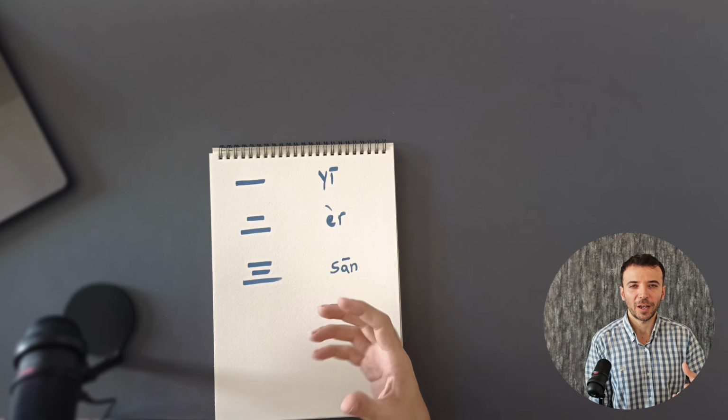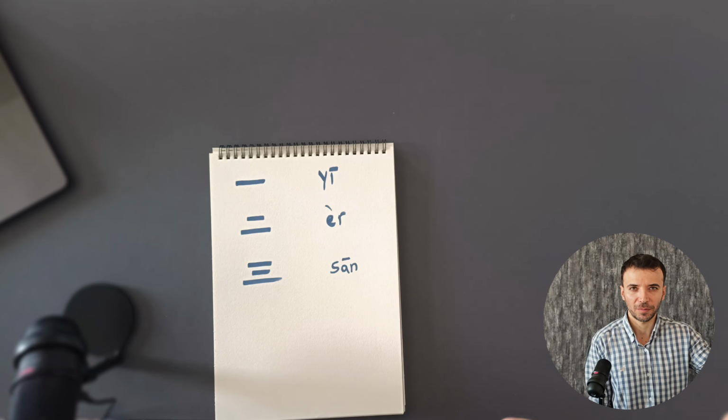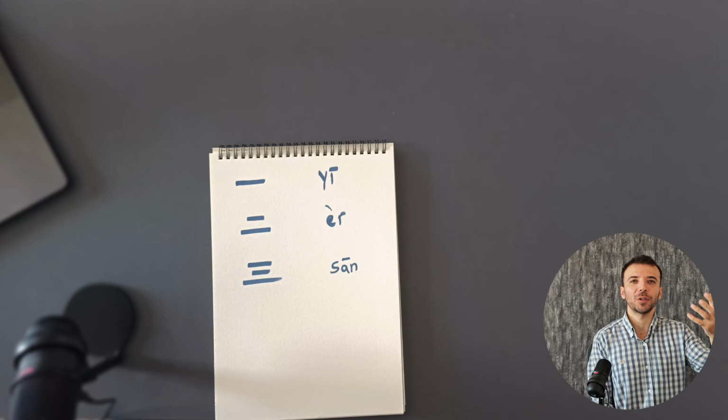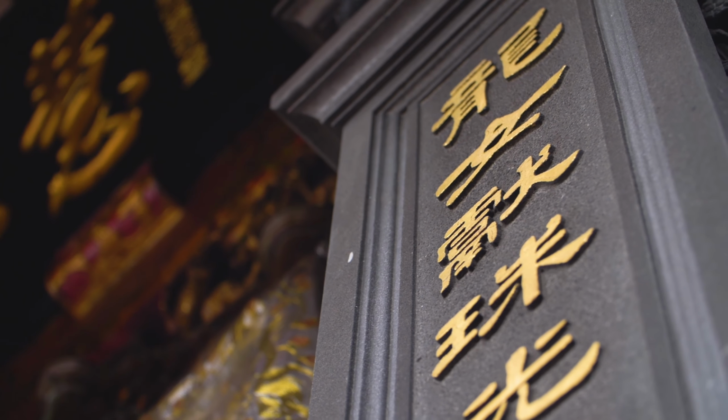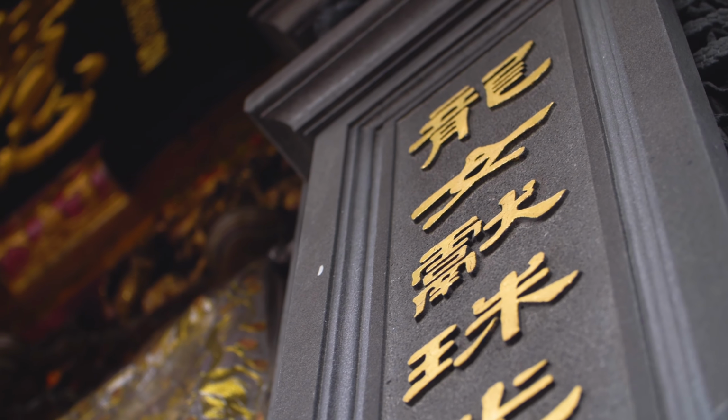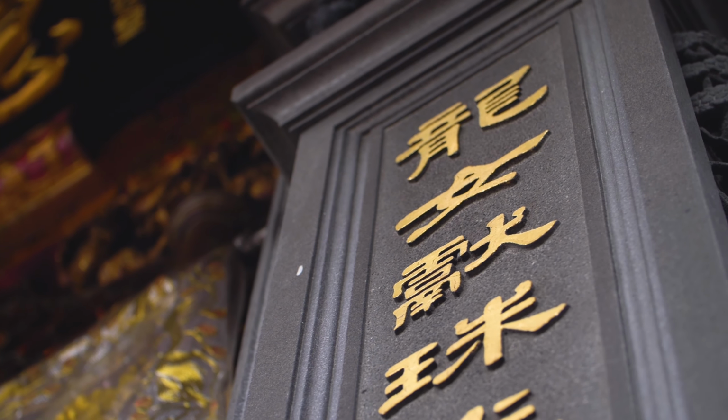In other languages, you start from learning the alphabet, and after learning the alphabet, you can read and write almost anything. You can even read words whose meaning you don't know. But Chinese is different. Instead of an alphabet, they have these things called characters. Think of them as an image, as a picture, and then you have to learn the meaning and the sound of every character. That means very often you will come across a character that you have not studied before. You will not be able to even read it.